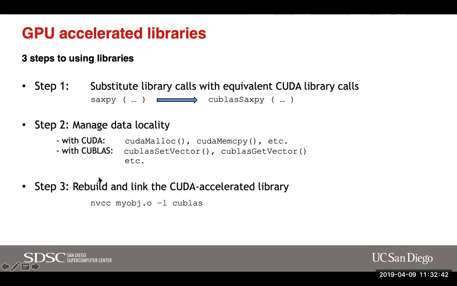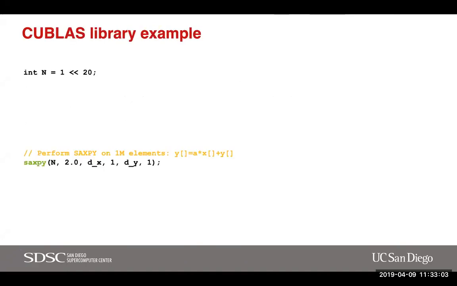Now, if you use cuBLAS, there are certain functions that you can use, for instance, cublasSetVector and cublasGetVector. And that's basically it. And then you rebuild and link the CUDA accelerated library. So you have to use the NVCC compiler and link it against the cuBLAS library. And that's basically what's involved in using GPU accelerated libraries usually.